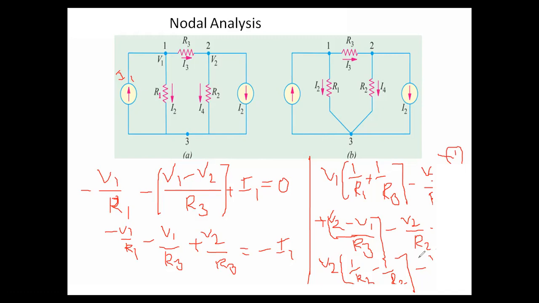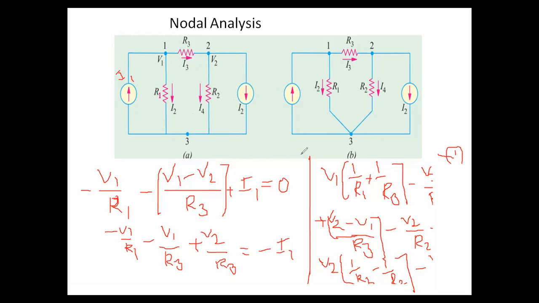If you find V1, you can easily find I1, I2, I4 and I3. So like this you can use the KCL law to solve the voltages. This analysis is called nodal analysis. Previously it was mesh analysis.